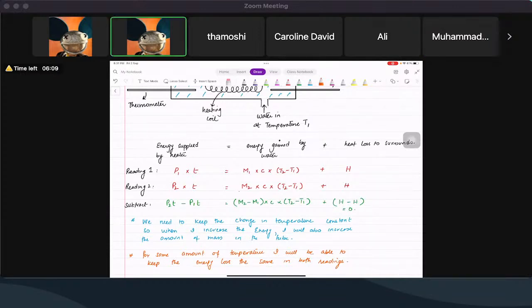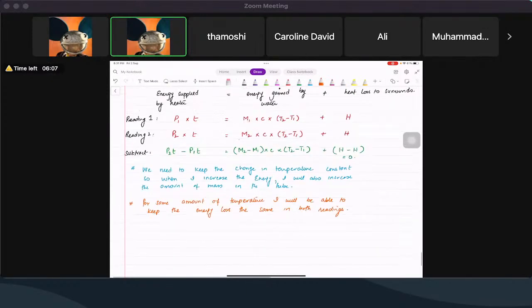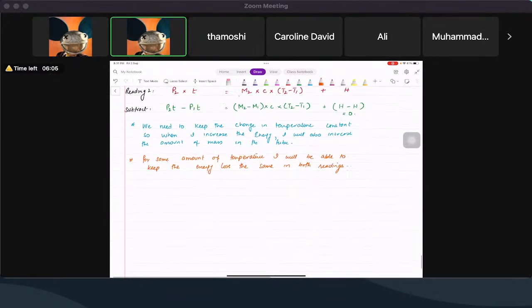So what I'm basically saying in this experiment is that suppose we have a bucket of water that needs to go from 20 degrees to 60 degrees in 5 minutes, right?